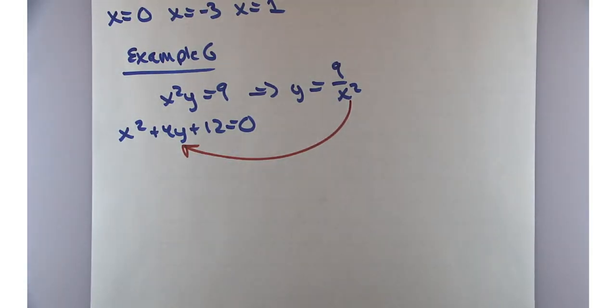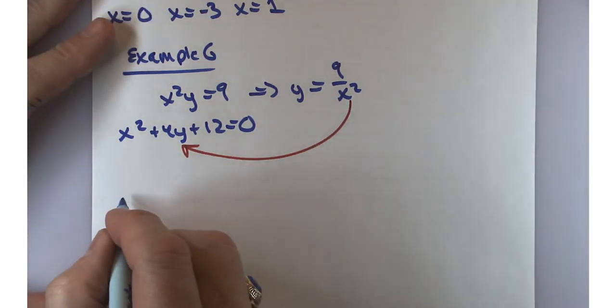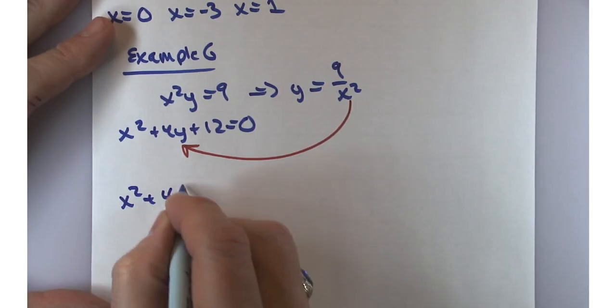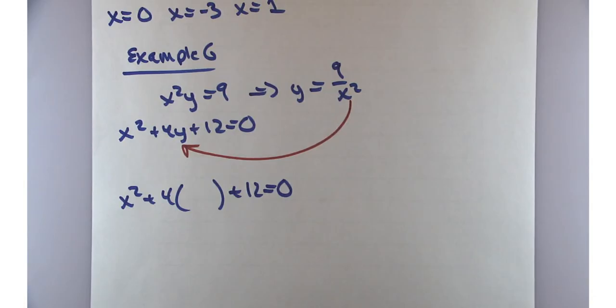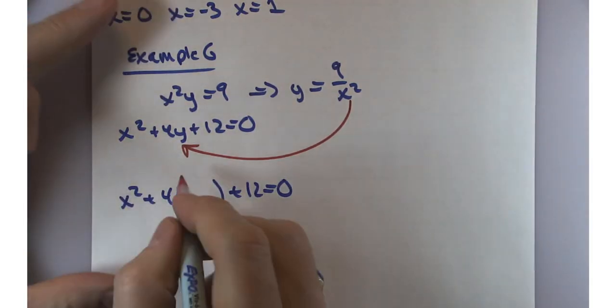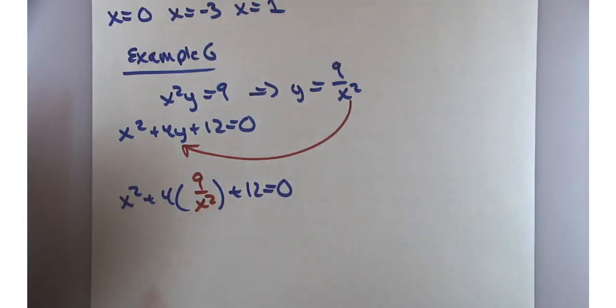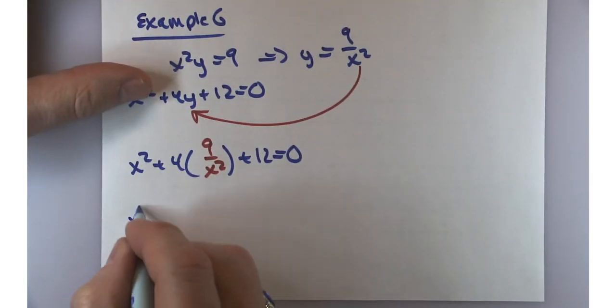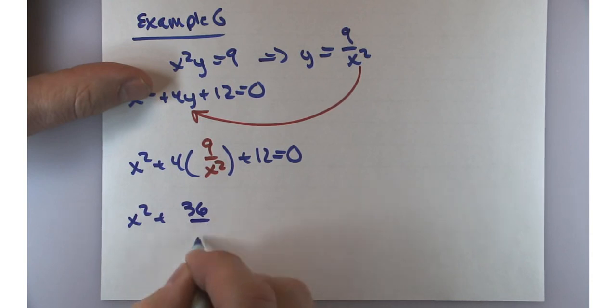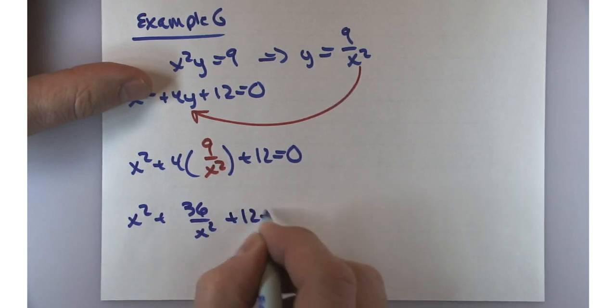So this is going to give me x squared plus 4 times 9 over x squared plus 12 equals 0. And before your gag reflex kicks in, let's clean up the mess here of all these fractions. You've got x squared plus 36 over x squared plus 12 equals 0.